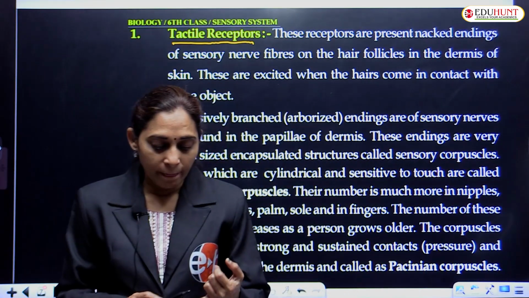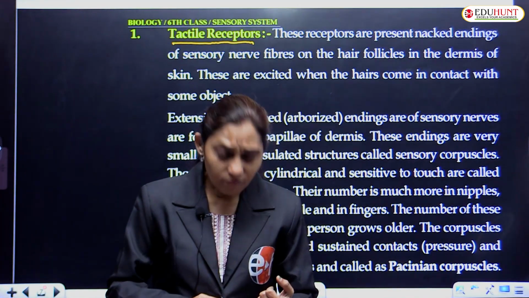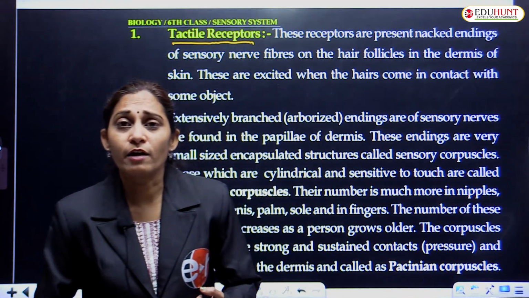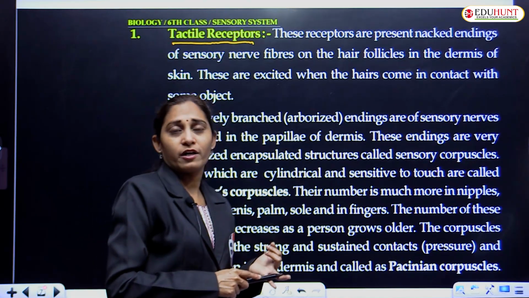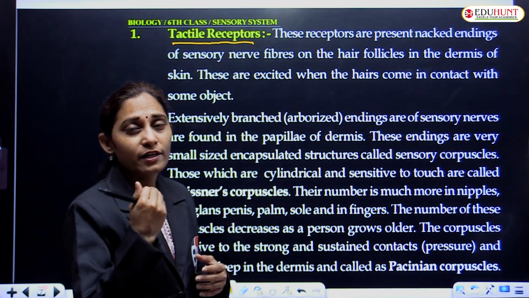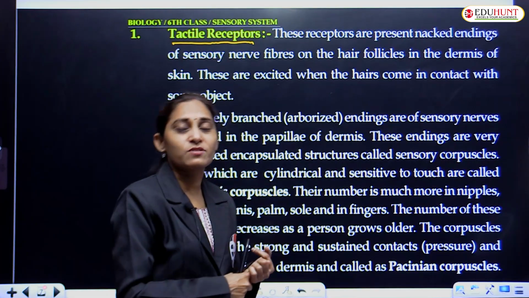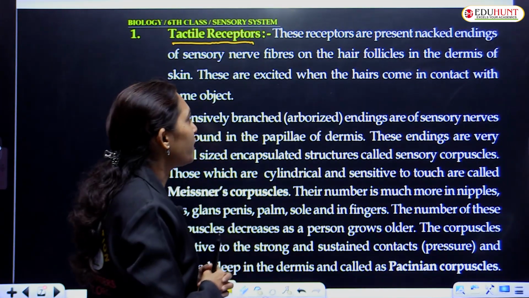One is the sensory nerves, second is motor nerves and third is mixed nerves. అని మూడు రకాల nerves ఉన్నాయి.